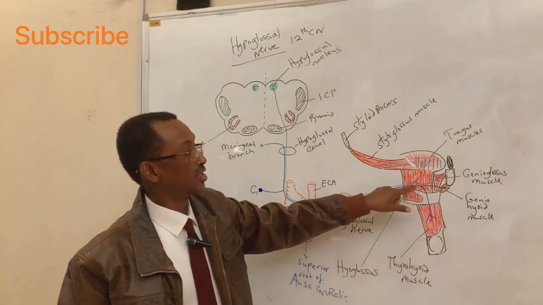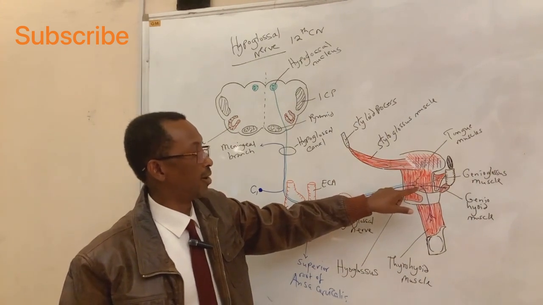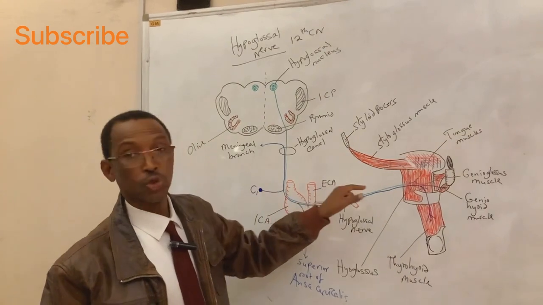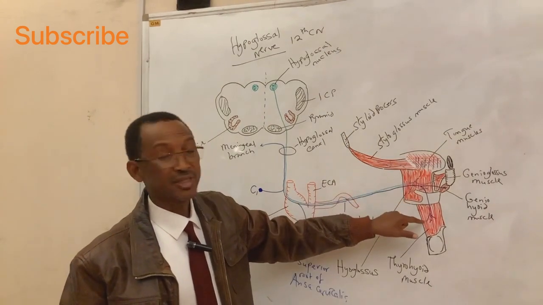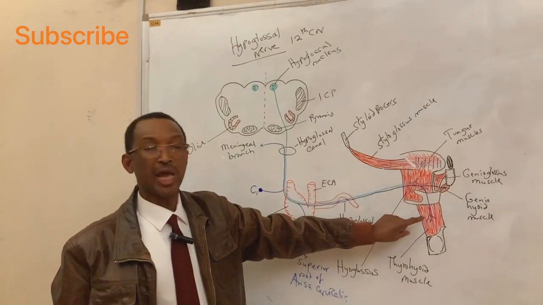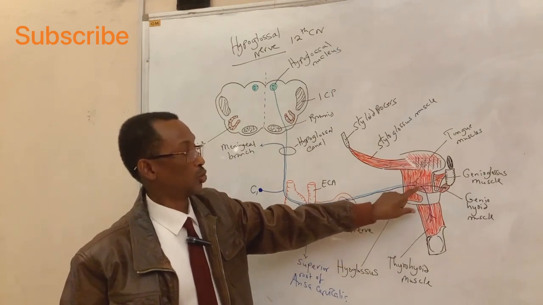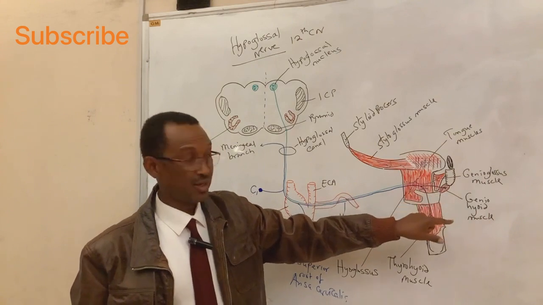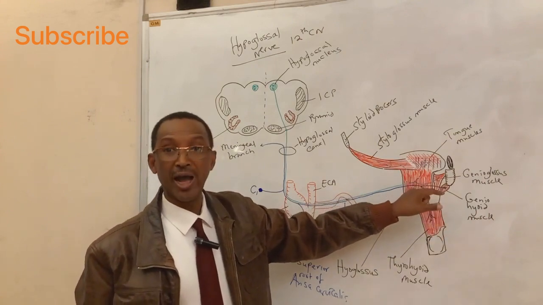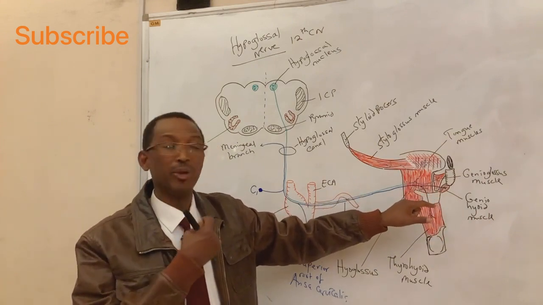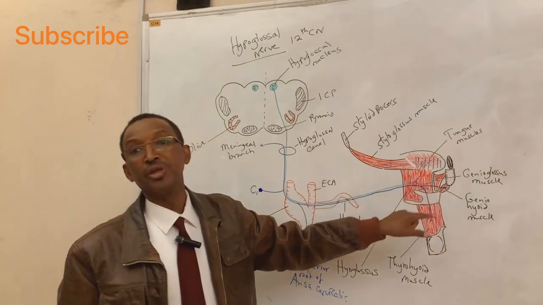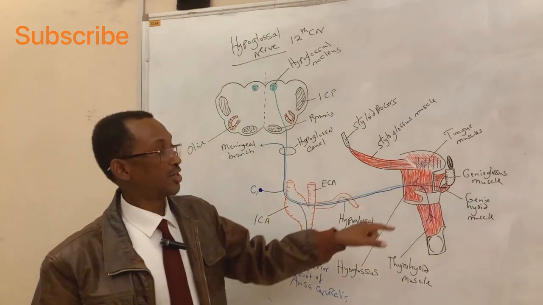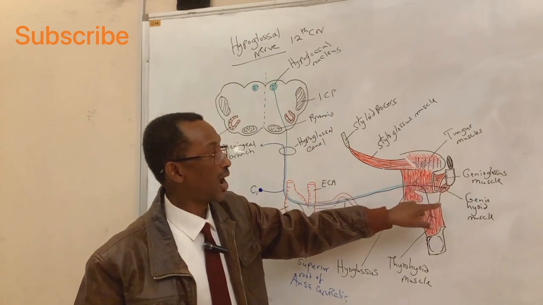So this contribution from the spinal C1 to the hypoglossal nerve gives a descending branch to the thyrohyoid muscle, and also it gives a branch to another muscle, what we call the geniohyoid muscle. That muscle originates from the lower aspect of the inner side of the mandible to attach on the hyoid bone, and so that is why it is called geniohyoid muscle.